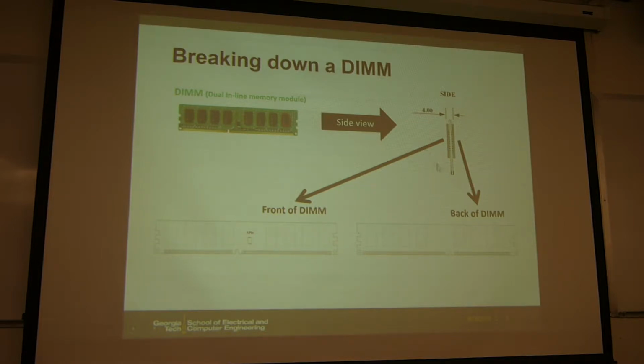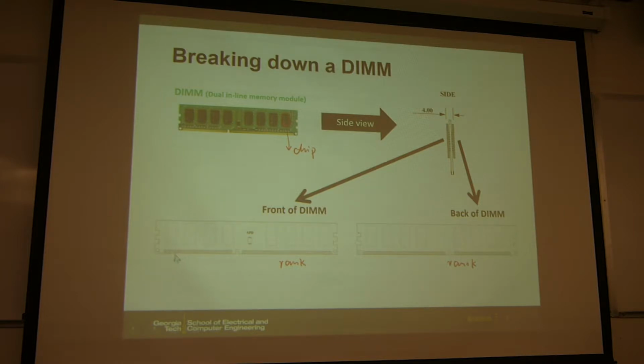If it has two sides, then we call each side a rank. Sometimes you don't have both sides packaged with chips, so then you only have one rank. On each side you have these chips, which are packaged. This is the chip and rank.